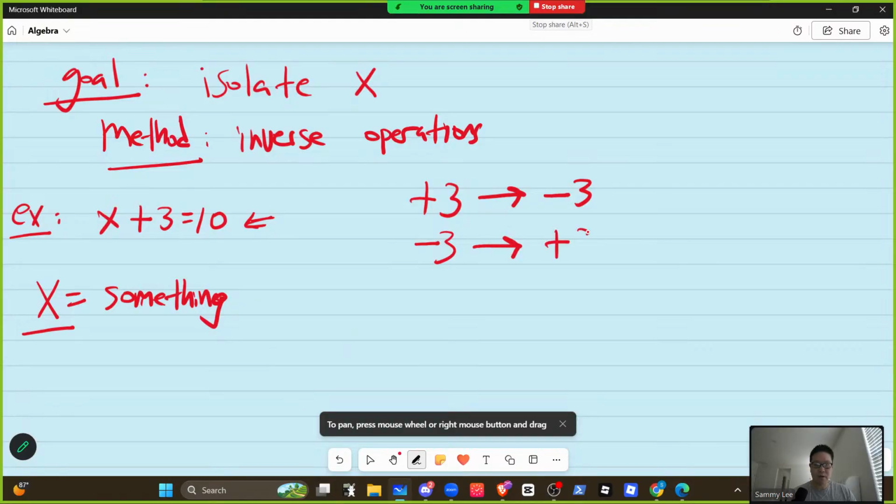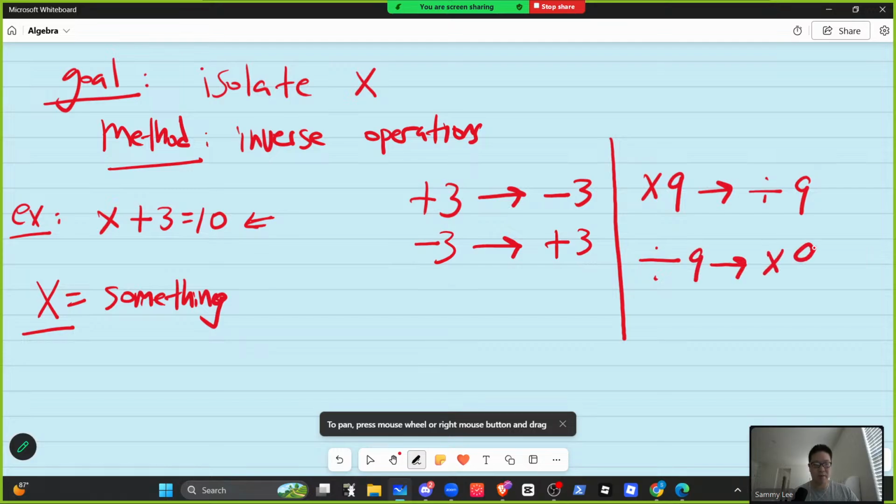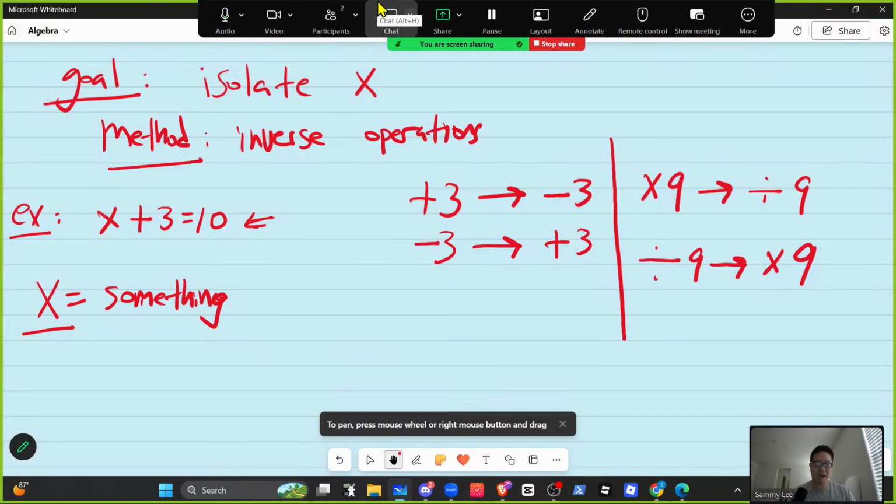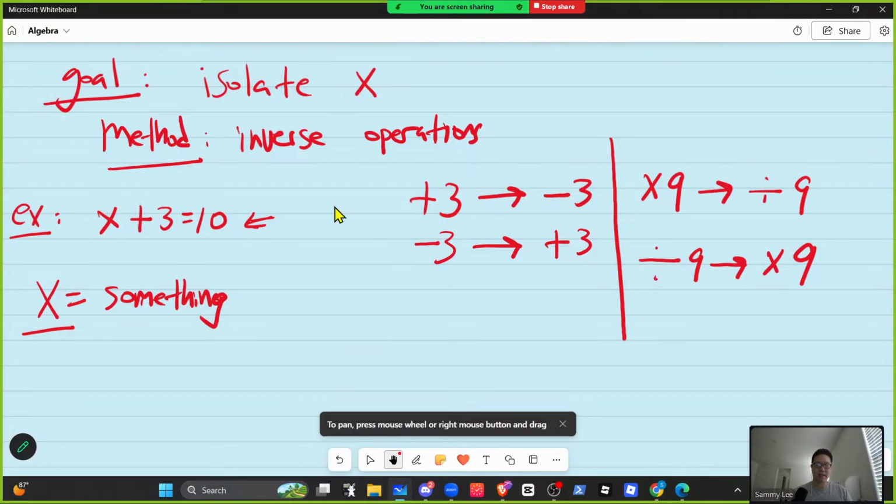And this also works for multiplication and division. What would be the opposite of multiplying by 9? Dividing by 9. Yeah. And the opposite of dividing by 9 is multiplying by 9. Good.